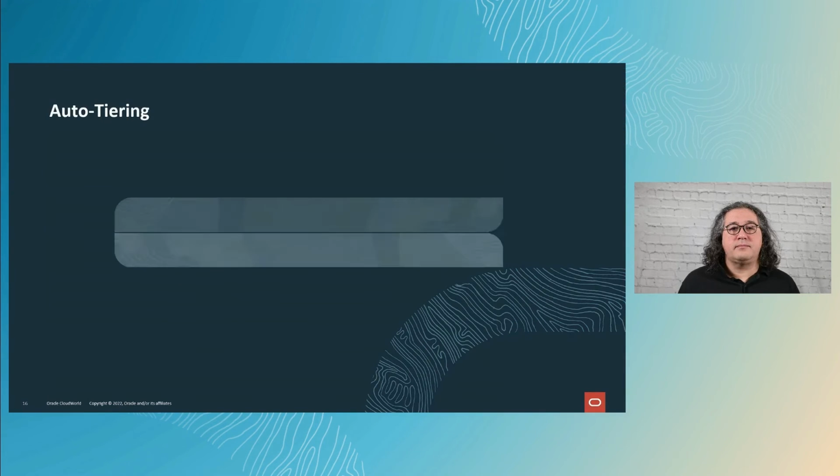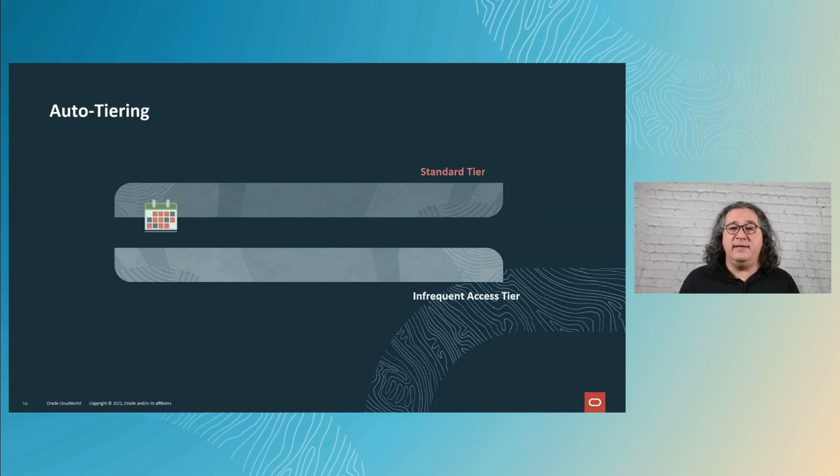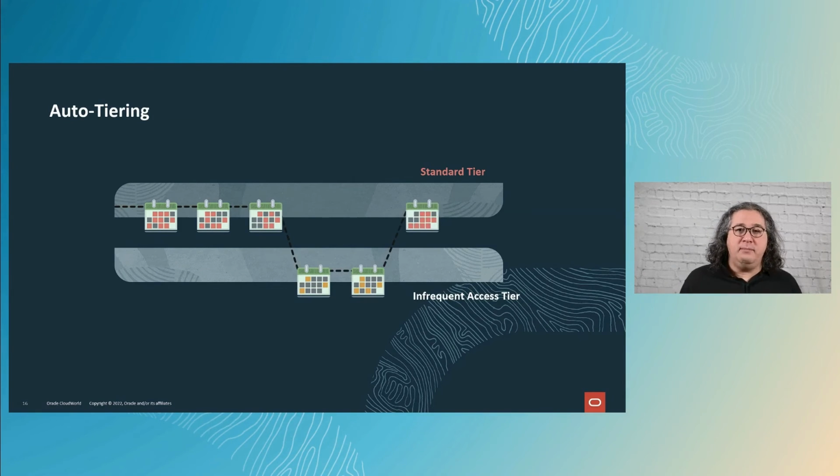Buckets can be either standard or archive, and you can change from one to another. But on standard buckets, you can change the tier of specific objects. It needs to be done manually, but if you can do that for the whole bucket, you can take advantage of a feature called auto-tiering.